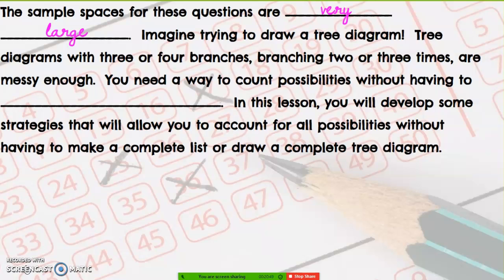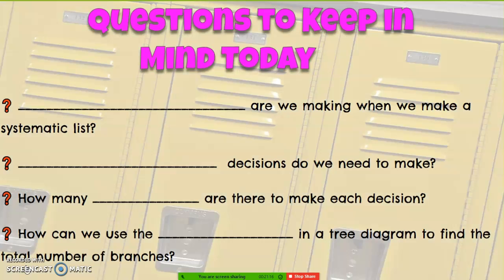That's messy enough, but you might need a tree diagram with hundreds or thousands of branches, branching hundreds of thousands of times. There's no way. You need a way to count all the possibilities without having to draw a complete diagram. So we're going to talk about some ways to account for all possibilities so that you can find probabilities like this without having to make a complete list or drawing a complete tree diagram.